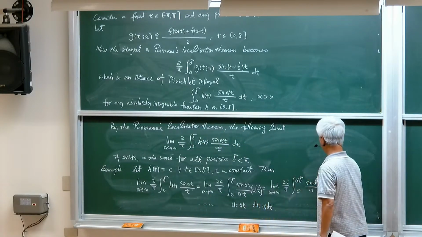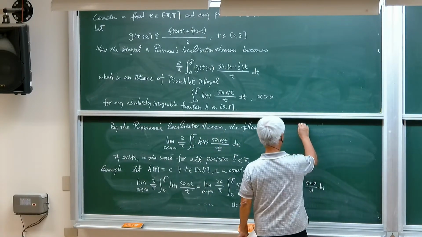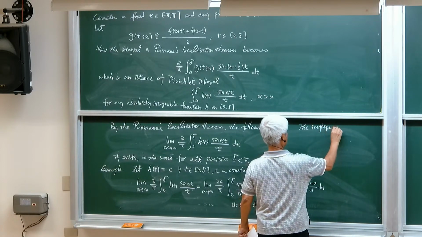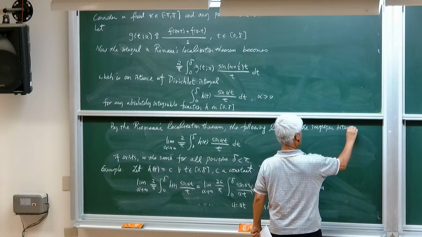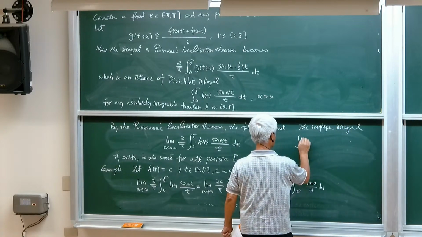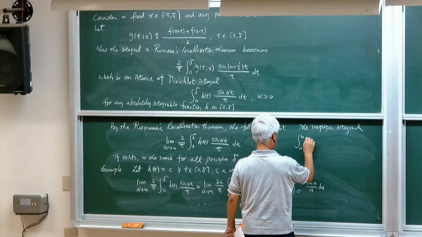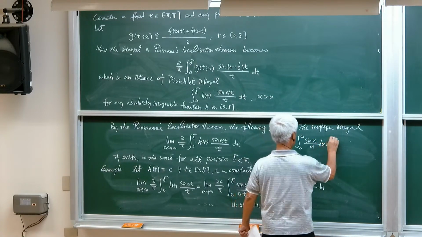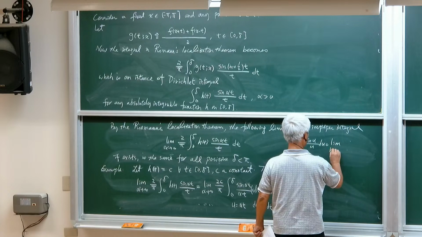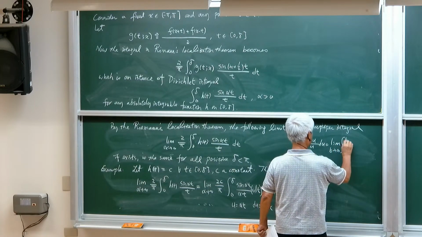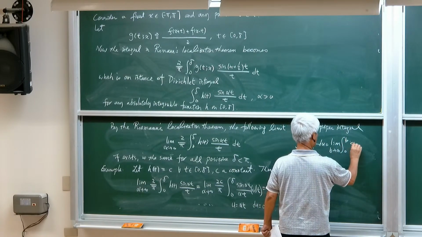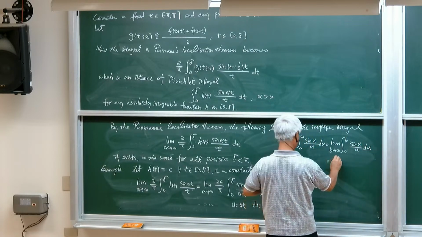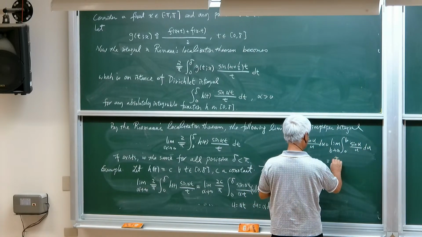Right? And this improper integral, the integral 0 to infinity of sine u over u du, which is the limit as b goes to infinity. Okay, this limit is actually equal to pi over 2.